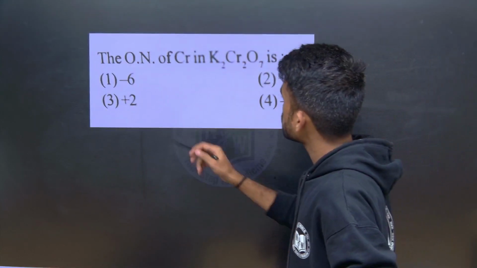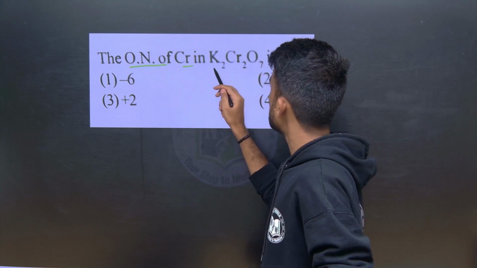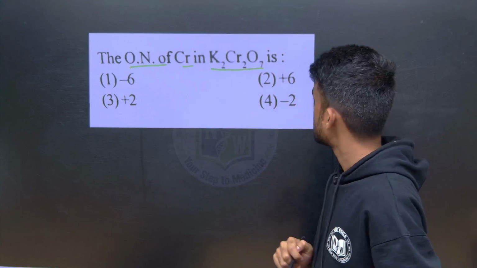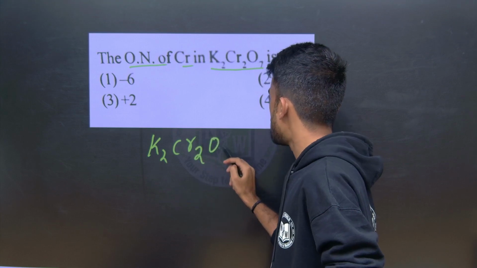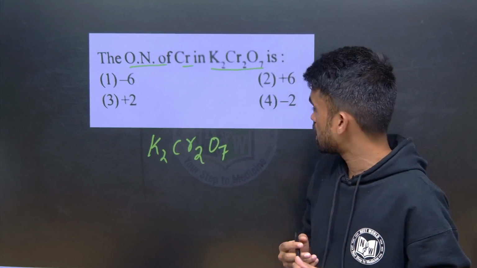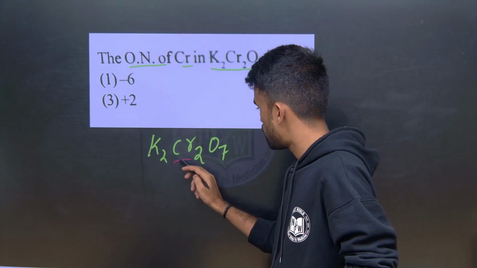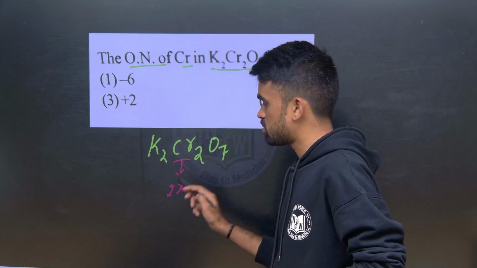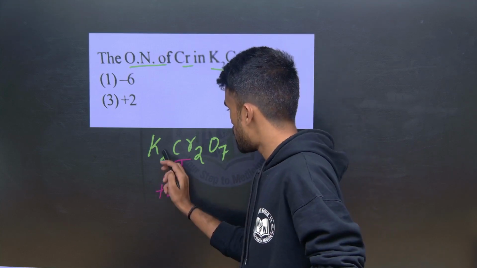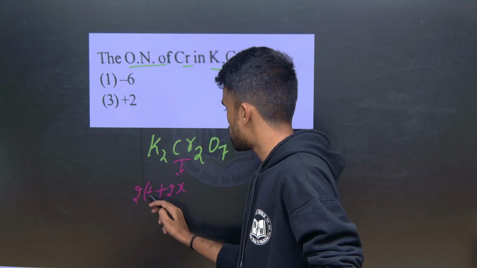Next, the oxidation state of chromium in K2Cr2O7. I already explained how to calculate the oxidation state. We need to find it for chromium, so consider it as X for each chromium. 2 chromiums are there, 2X, plus 2 potassiums, each with +1 charge. Why +1?